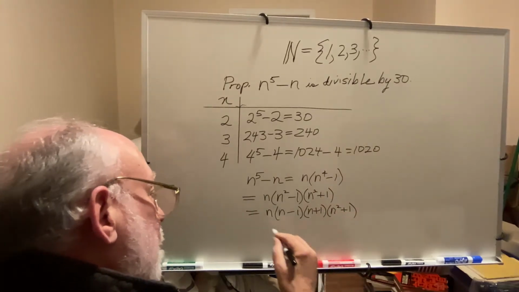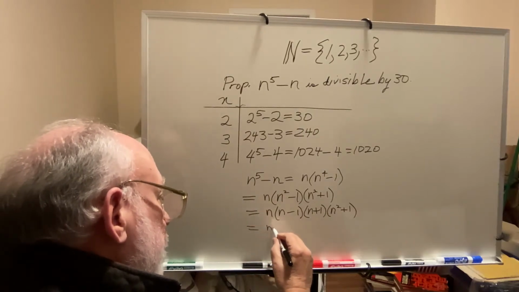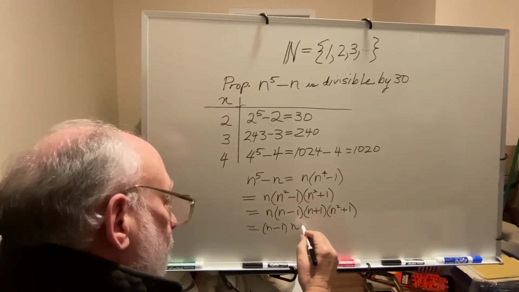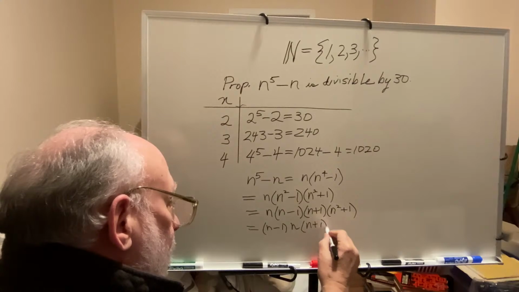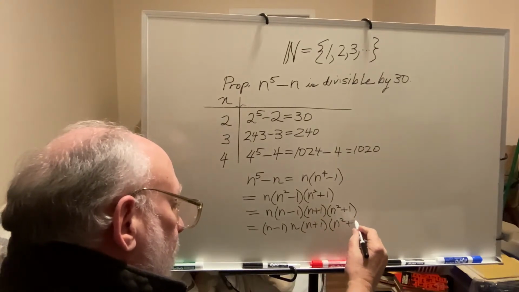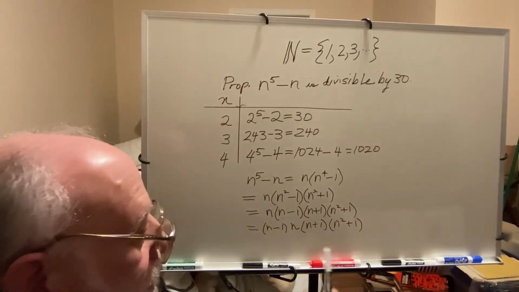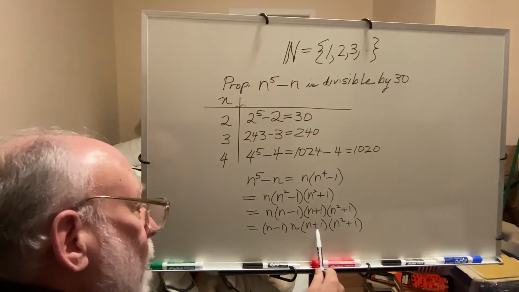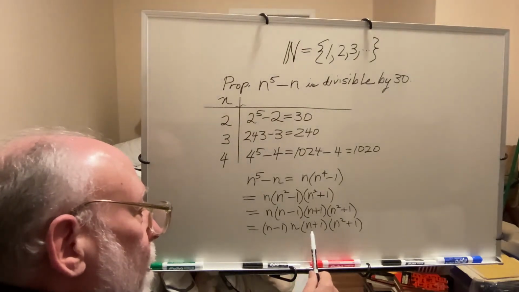Now we can arrange these like this. Now this expression has 3 consecutive natural numbers, n minus 1, n, and n plus 1.